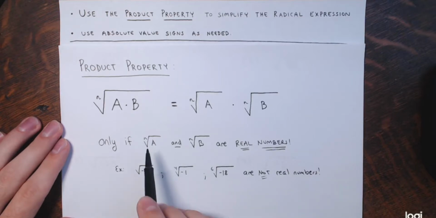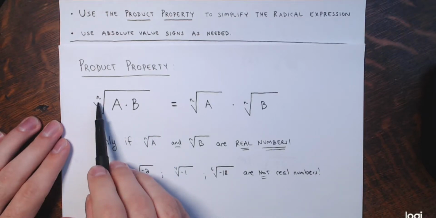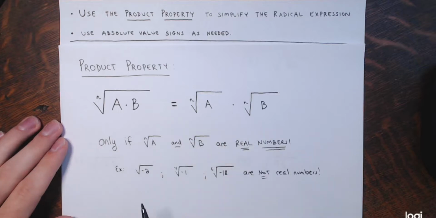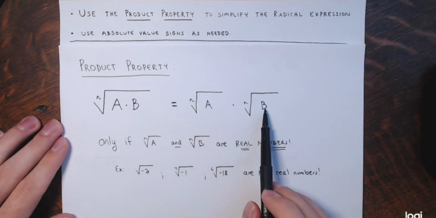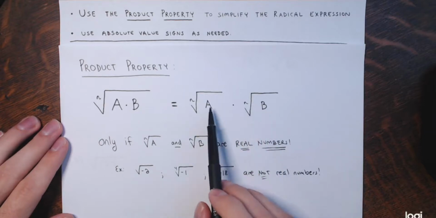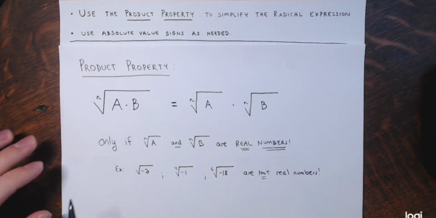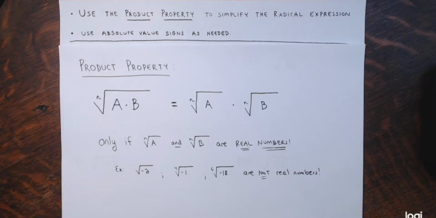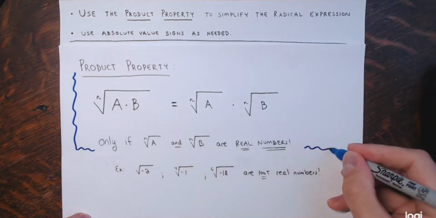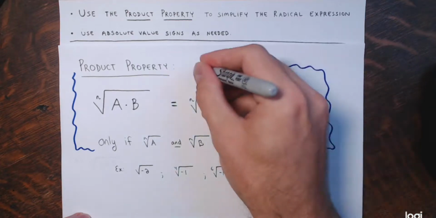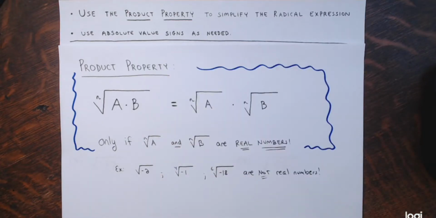So in other words, if n is an even number, then A and B need to be positive. Because if either one of these factors is a negative number, one of these won't be real, and the property will not hold. So this property only holds for real numbers. Please understand that.